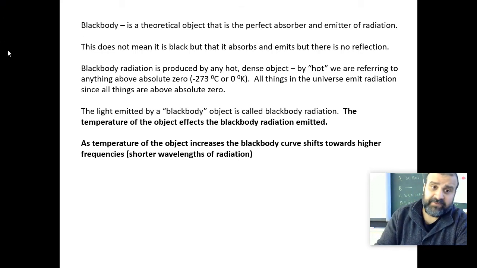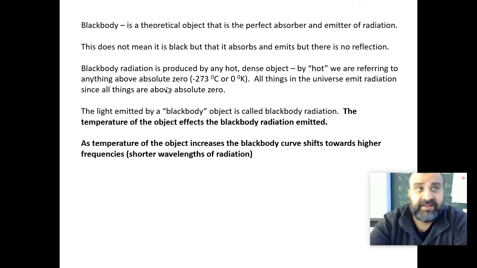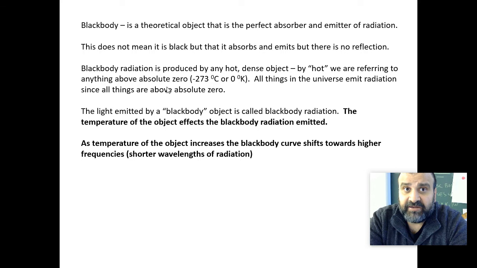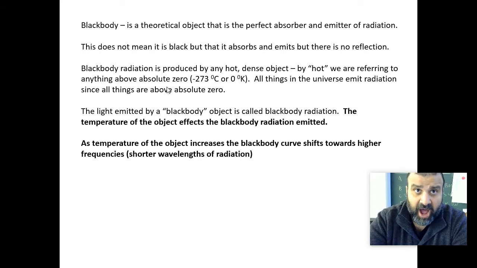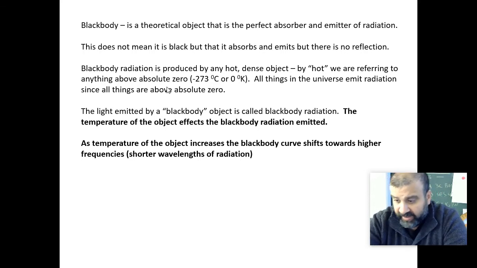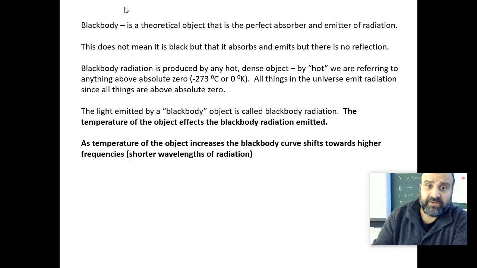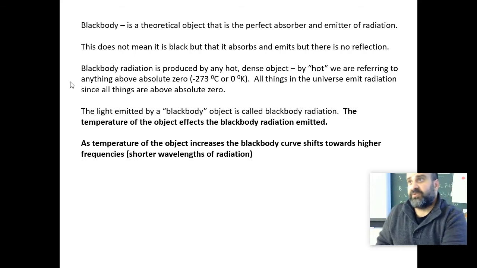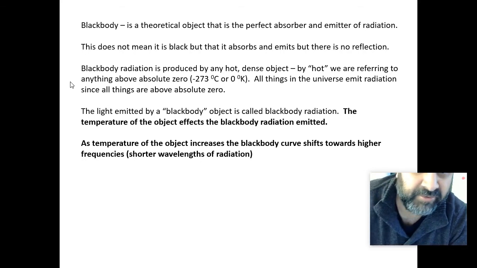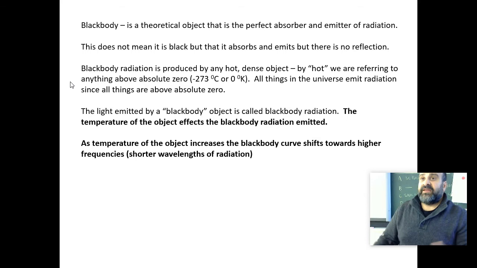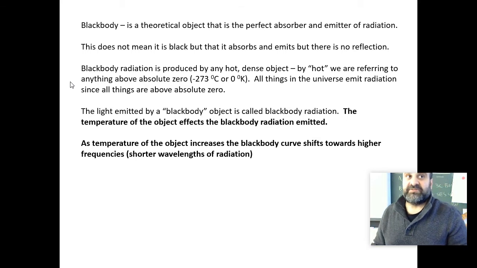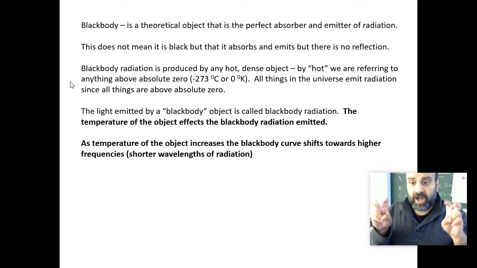Blackbody radiation is produced by any object that we would consider hot. Hot is anything above absolute zero, negative 273 degrees Celsius or 0 degrees Kelvin.